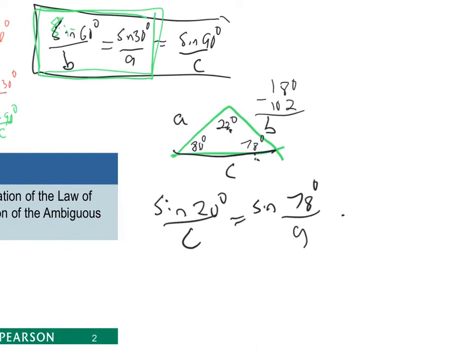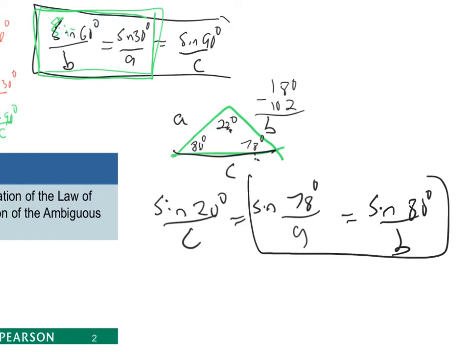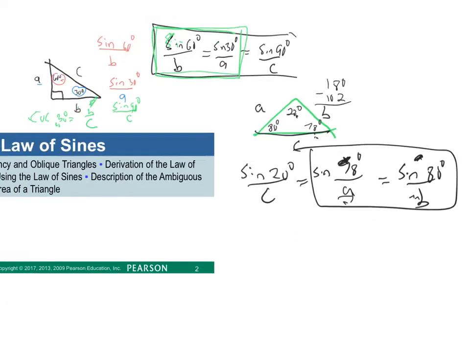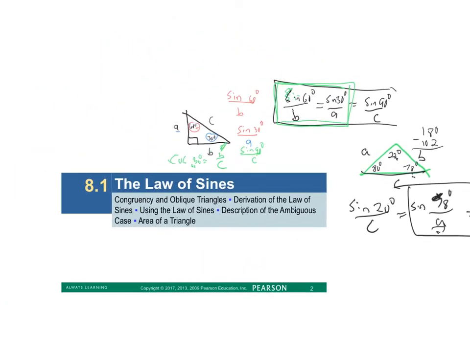And if I needed another one, sine of the 80 over the B. Now, granted, you have to know one of those sides, because even if I grab these two, I can figure out this with my calculator, I can figure out this with my calculator, I still would have two unknowns. So in a nutshell, that's what law of sines is.